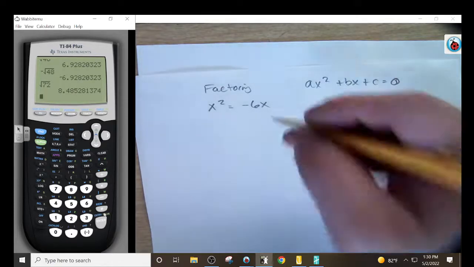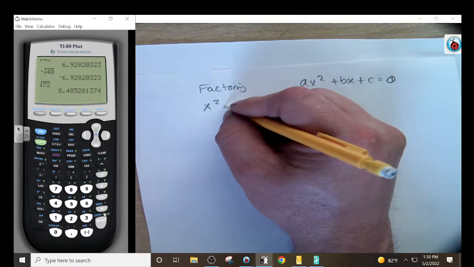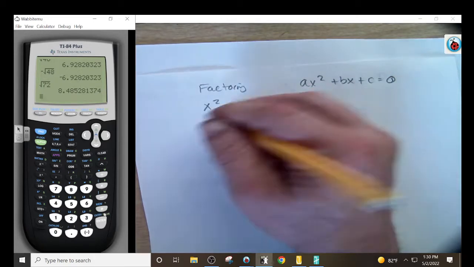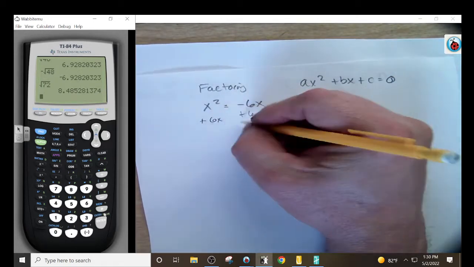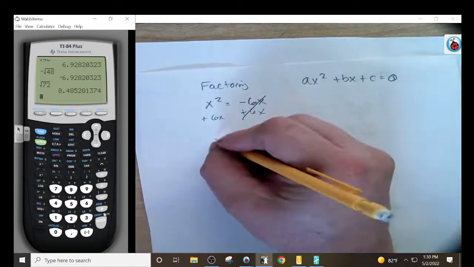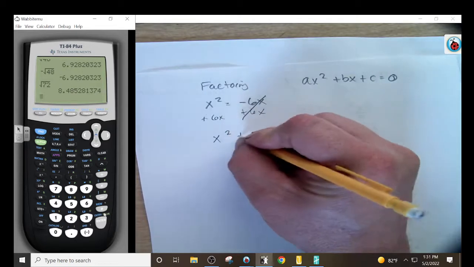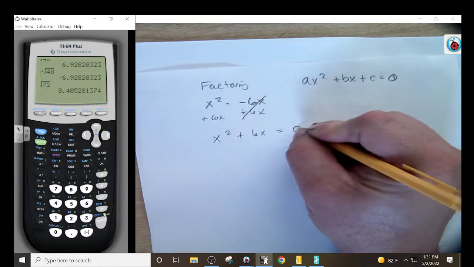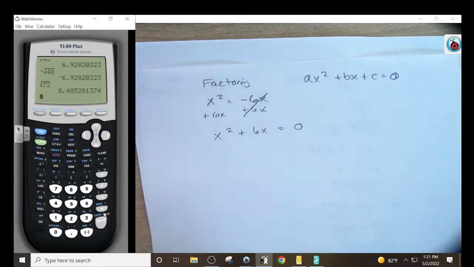So now, I'm gonna get this equal to 0. So adding 6x to both sides, that will cancel out. Now, if I write it in standard form, I am missing a constant, but that's not going to matter. Yep, so I'm missing my C value.